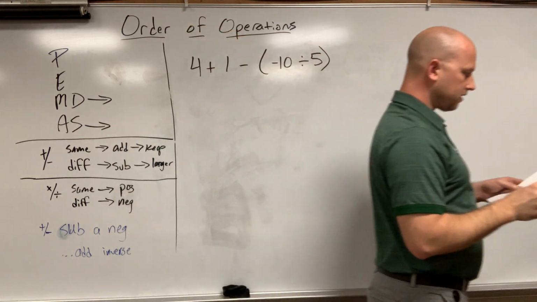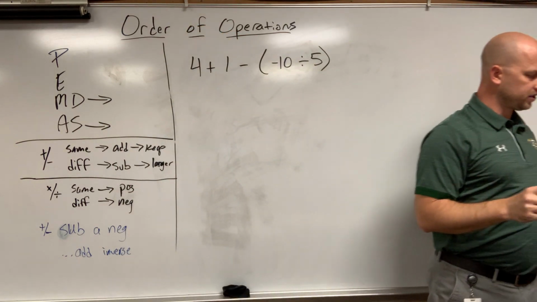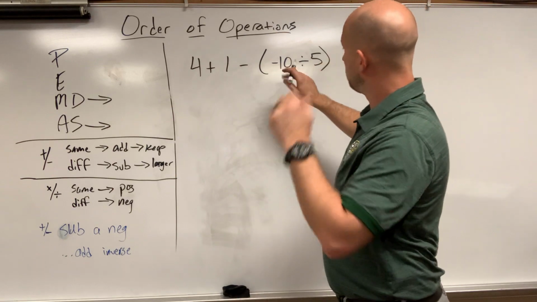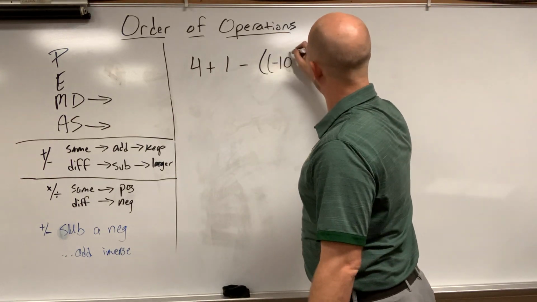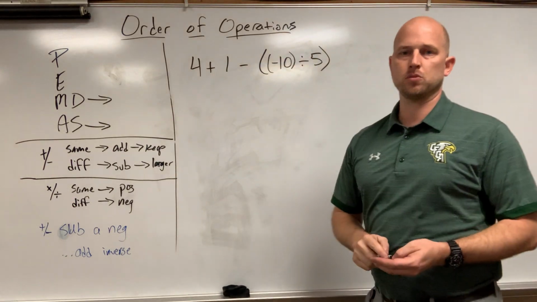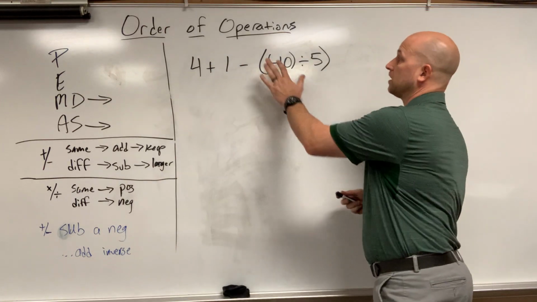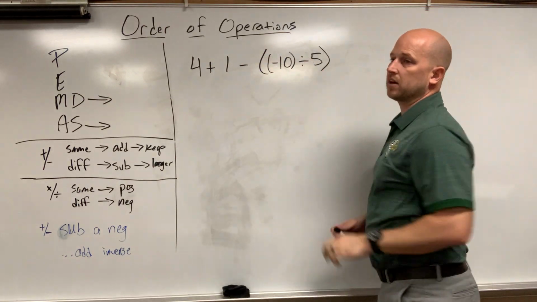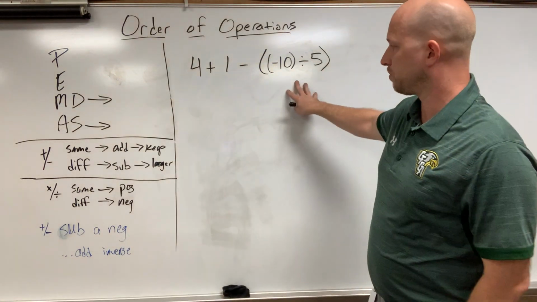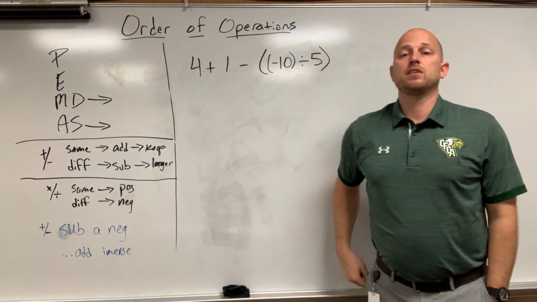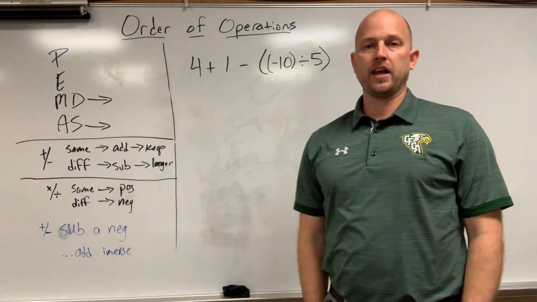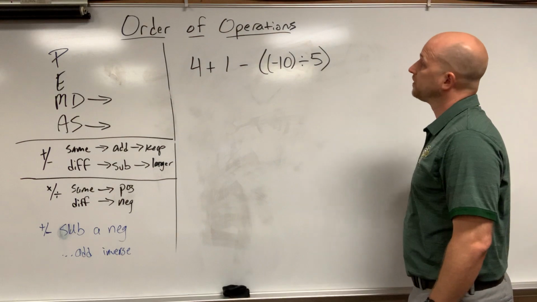All right, so this is how it looks, but the programming thing takes the negatives and puts them in a parentheses, so it actually looks like this, but it's just a -10 divided by 5. That's kind of where you start inside the parentheses. Take a moment and work through this and see what you get.